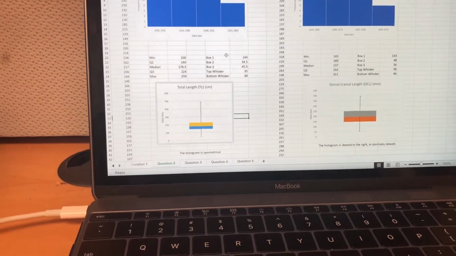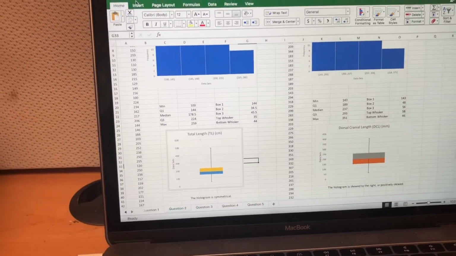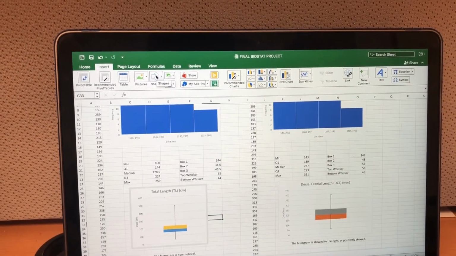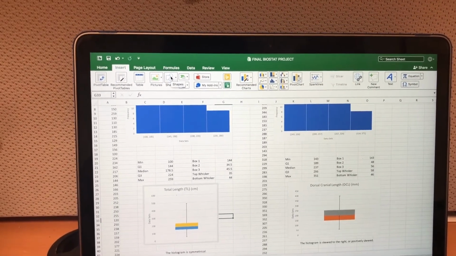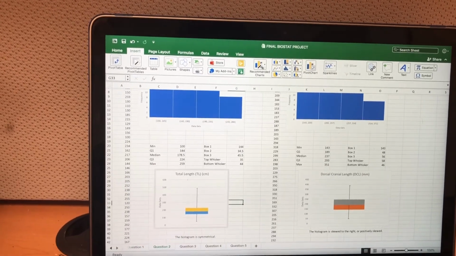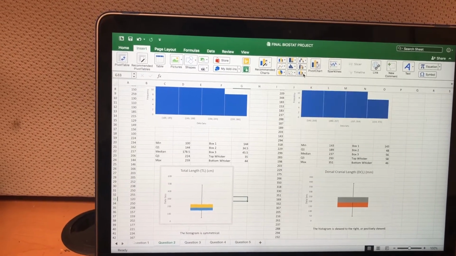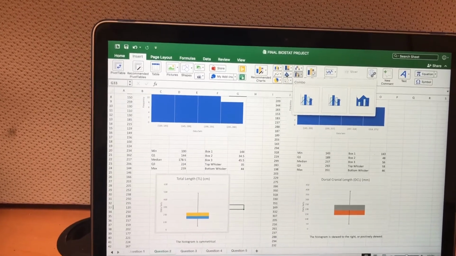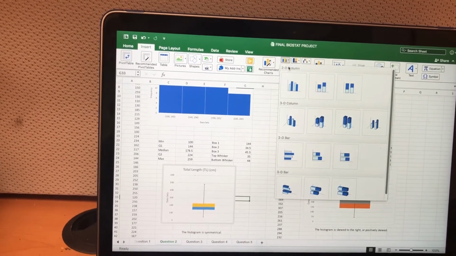Once you have all this data, you can go to Insert, you can go to Add a Chart, and it's somewhere here. It's a stacked column chart. It's always hard to find.